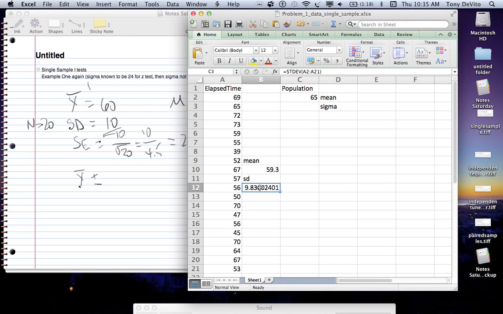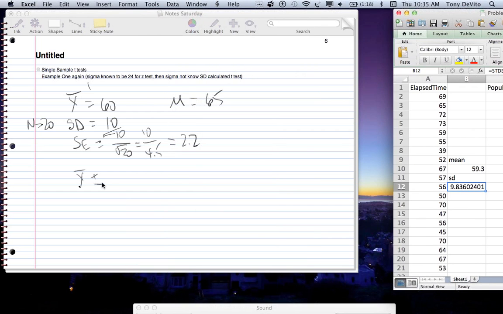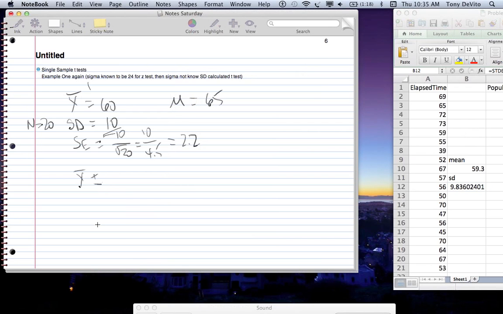I calculated the standard deviation based on 20 values, right? So I have to use a t-score there, right? I got to use a t-score for my 95% confidence interval. Okay, so everybody get that? Get why I'm saying that?